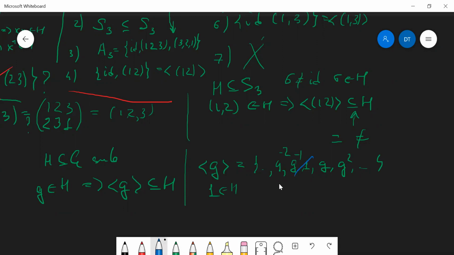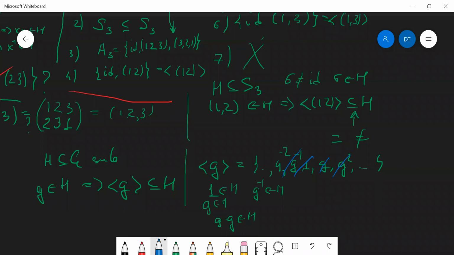So it contains g. Now, since g is in H, then g times g is also in H, and that's for all the powers. Then also we have g minus 1 in H, also by the definition. So we have this element and so on.